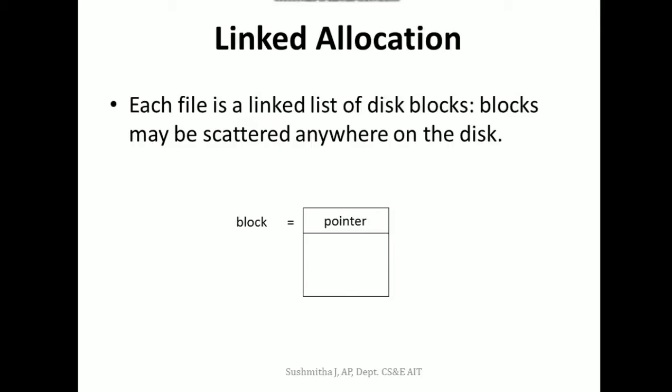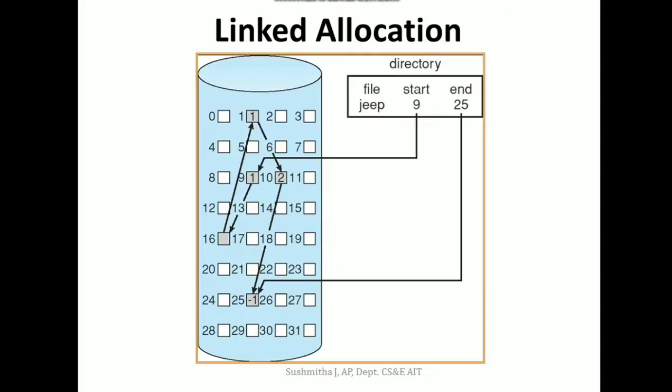The blocks are scattered all through the disk. Now there is no longer a restriction that we need a continuous set of blocks to allocate a file. The blocks can be scattered anywhere in the disk, and there will be a link attached to each block.